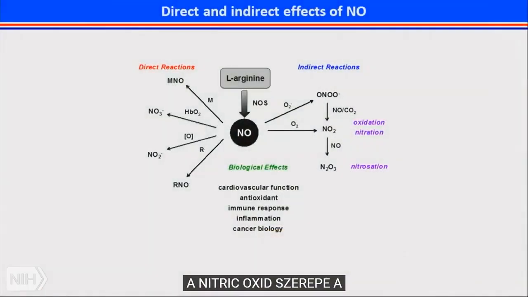Nitric oxide's role in cardiovascular function has been shown for a long time, but since it's a radical molecule, it can also react with other radicals, leading to quenching of chain reactions, forming RNO species.